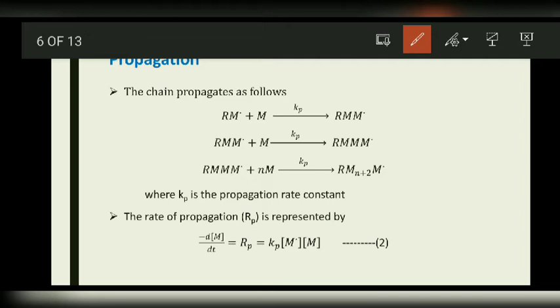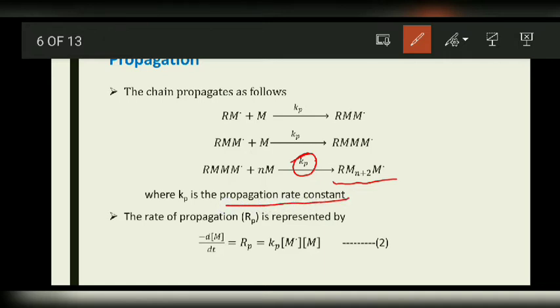See here, the monomers are getting consumed. If n monomers are consumed, we get a longer chain, that is R M(n+2) dot. This is how the chain propagates, and the rate constant of these reactions is represented as Kp, the propagation rate constant.